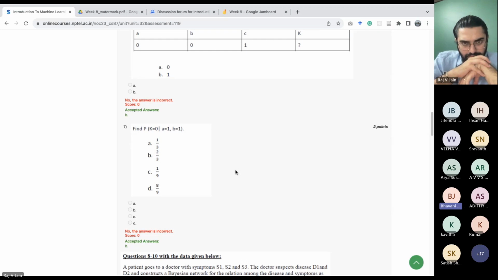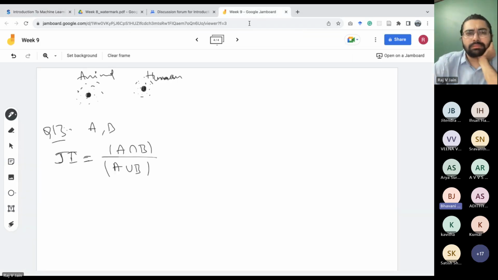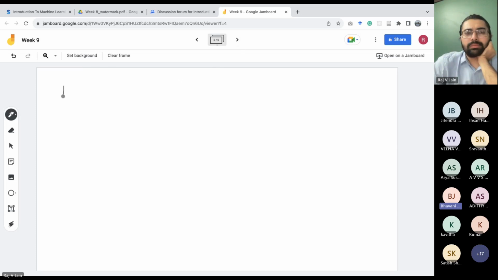But my question was, why are we not considering the marginalization, since c is also there? When I looked at this question again, I thought it should be probability of k equal to 0 given a equal to 1, comma b equal to 1, comma for all values of c. But here it is not that. So why is this one different?